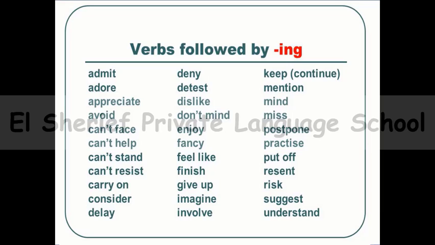In this example, we can talk about two actions. When you use the verb stop and you mean that you stop the first action to do another action, here we can say that stop is followed by to plus infinitive. So I stopped the first action, that is walking, to do another action, to buy a cup of coffee.